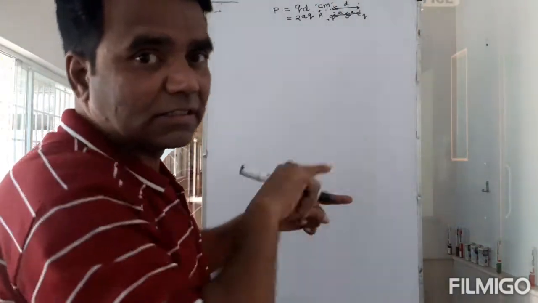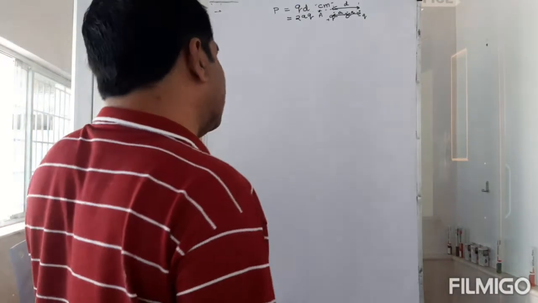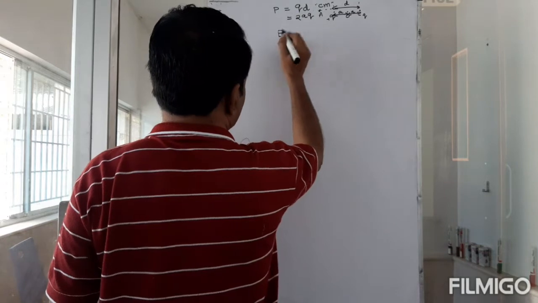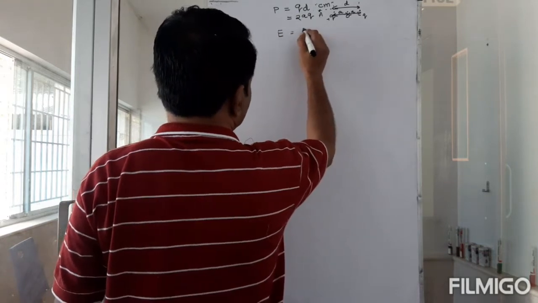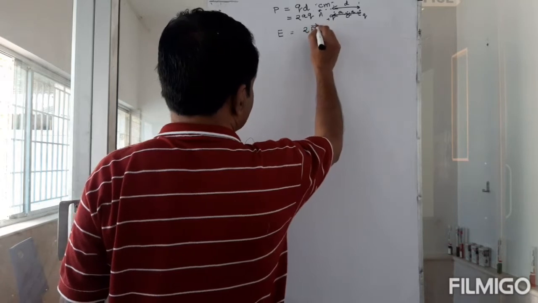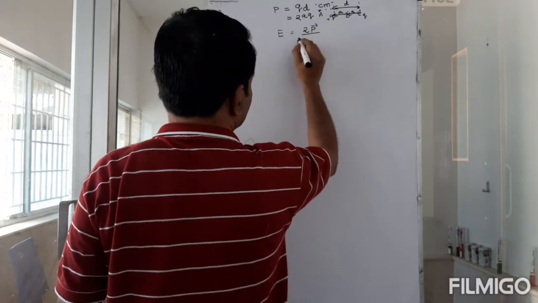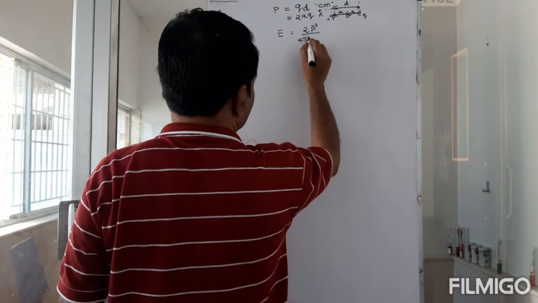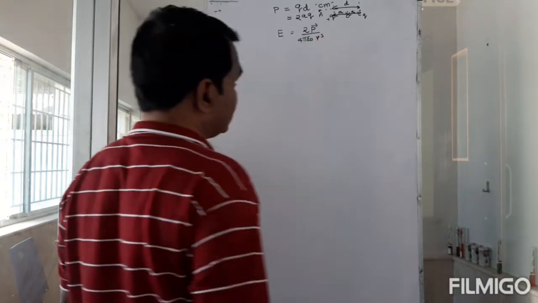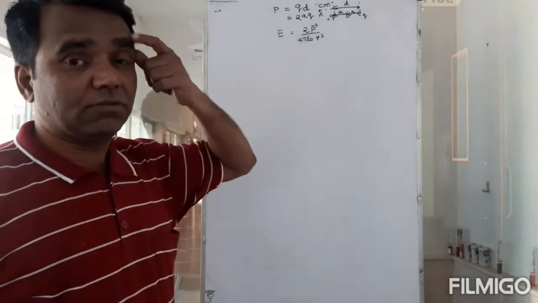The point is along the axis. Then we said that the electric field due to the dipole was equal to 2P vector by 4 pi epsilon naught into R cubed. This is what we got.